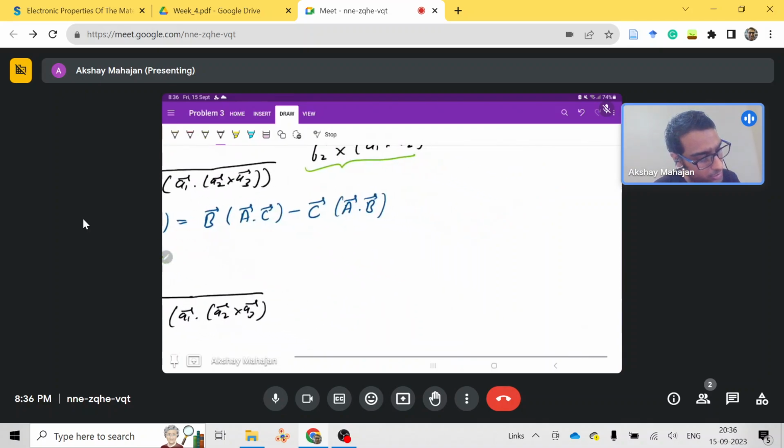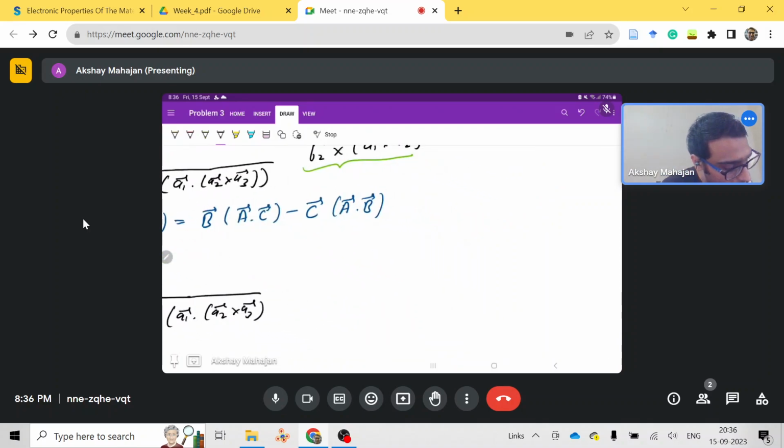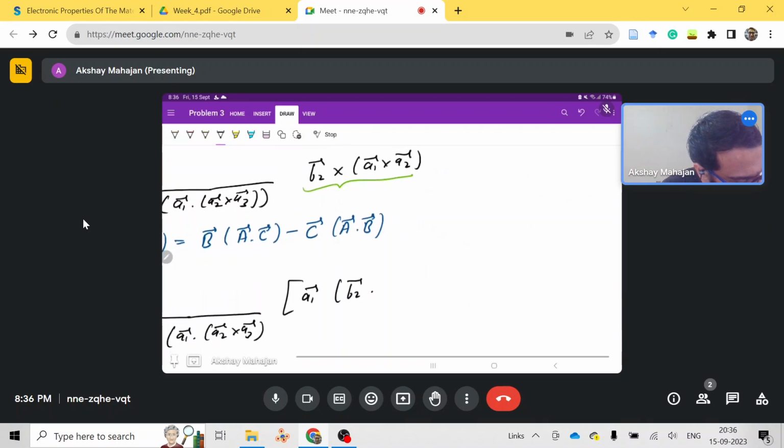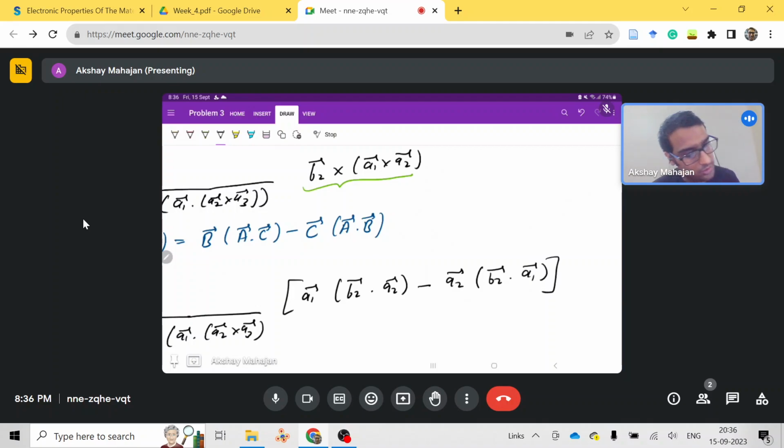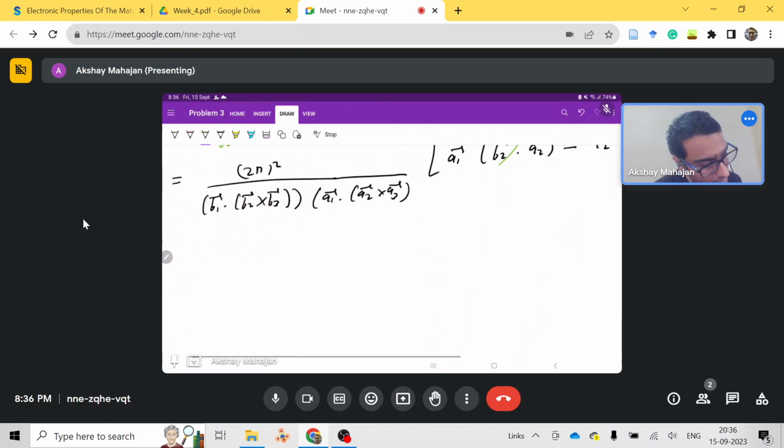And this cross product will now be written as a1 vector times b2 vector dot a2 vector minus a2 vector times b2 vector dot a1 vector. Now from the orthonormality condition, b2 vector dot a2 vector will give 2 pi, and b2 vector dot a1 vector will be 0.